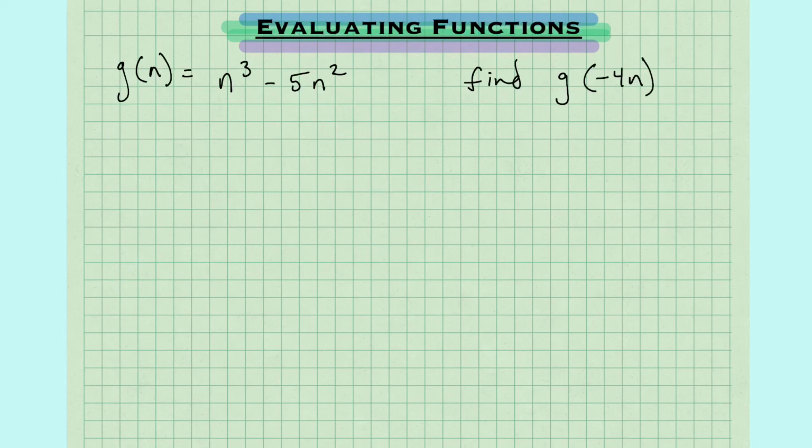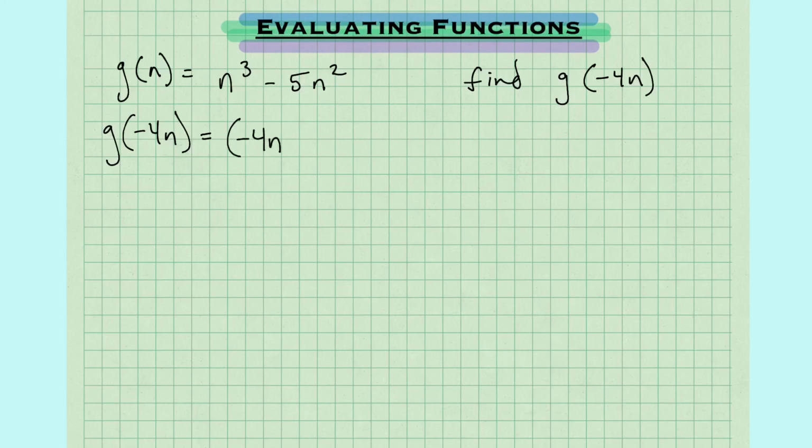All right, g of n equals n cubed minus 5n squared. Find g of negative 4n. So we have g of negative 4n. So wherever there's an n, we're going to replace it with negative 4n and put parentheses. So it's going to look like this.